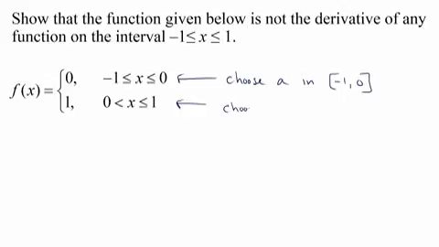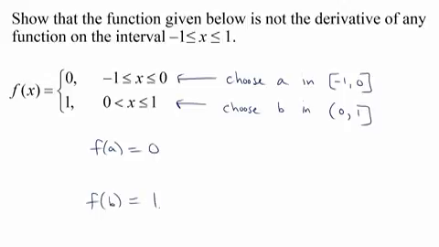So we see that f of a would equal 0, f of b would equal 1. So function f does not take on any value between 0 and 1. So the function f of x does not have the intermediate value property.